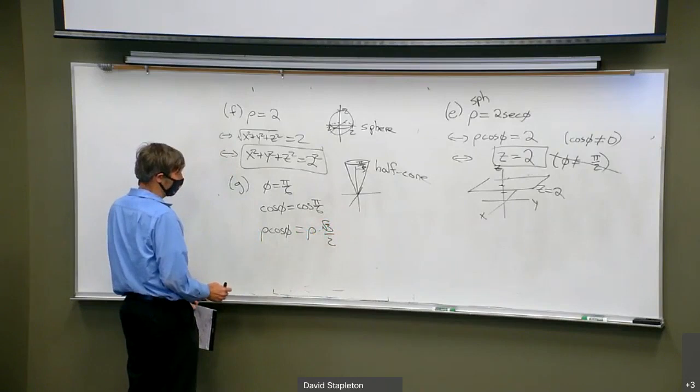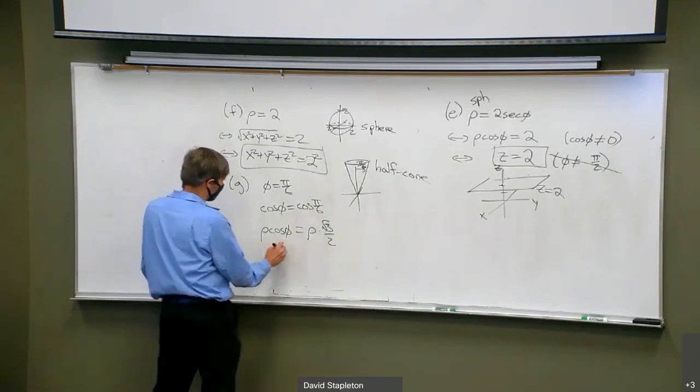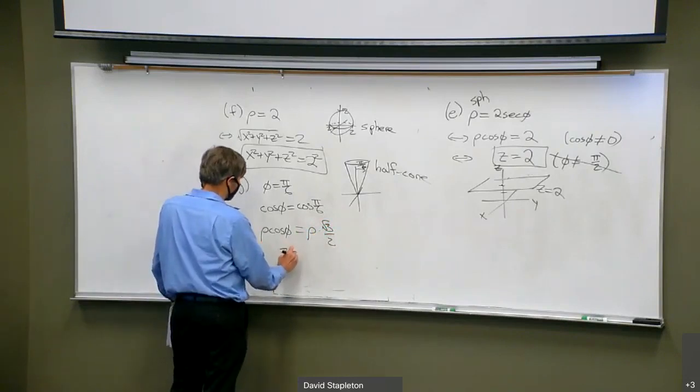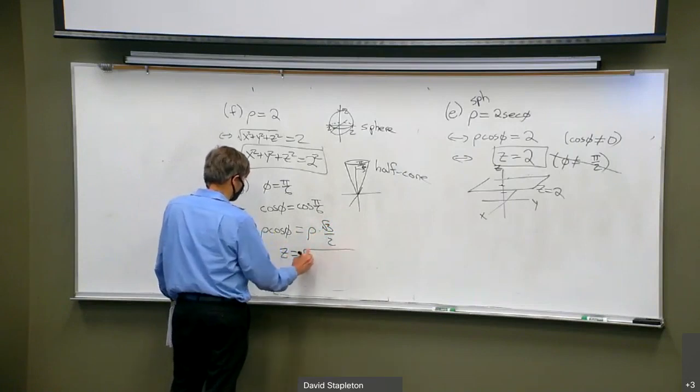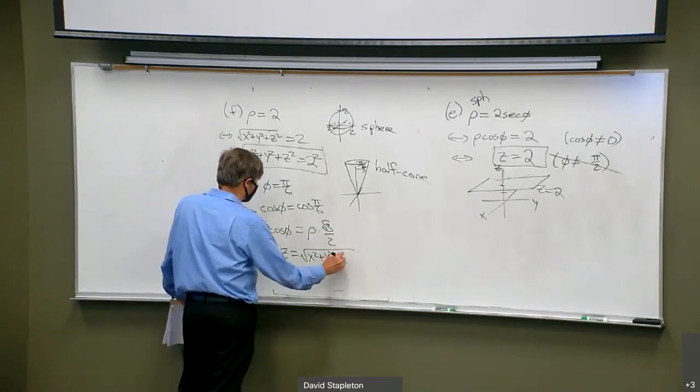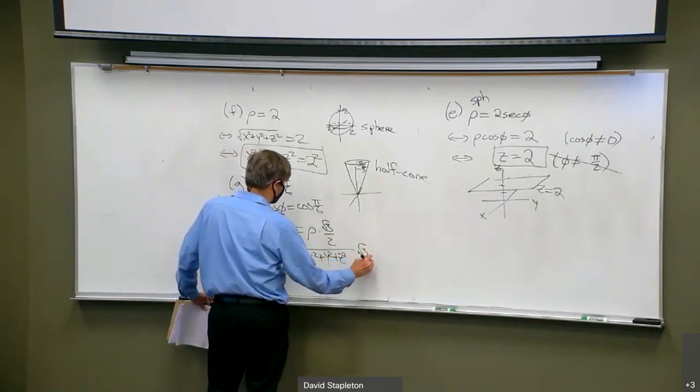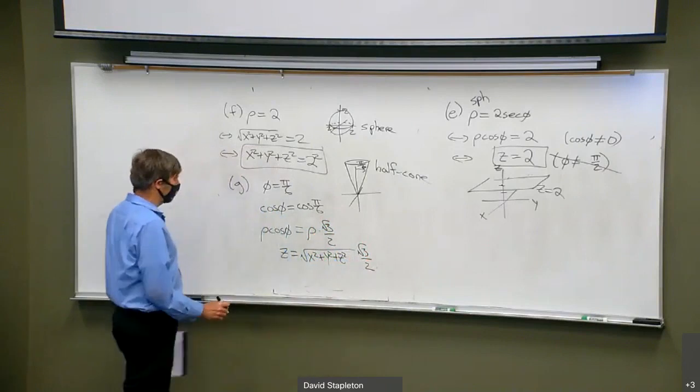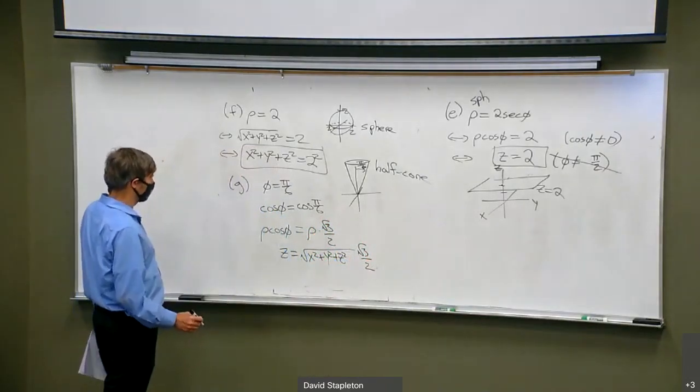And now, how do I convert that? Well, rho cosine phi, recall, is z. Rho is the square root of x squared plus y squared plus z squared. And now I can figure out what this looks like by squaring both sides.